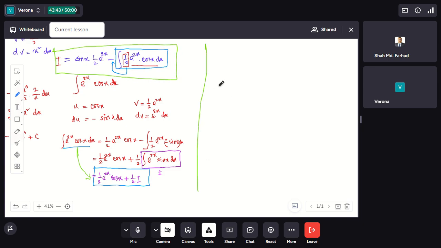So from here we will get I equals 1 over 2 e power 2x sine x, and then minus half times we have this, right? So if we put the values here, 1 over 2 e power 2x cosine x, and then plus 1 over 2 I.